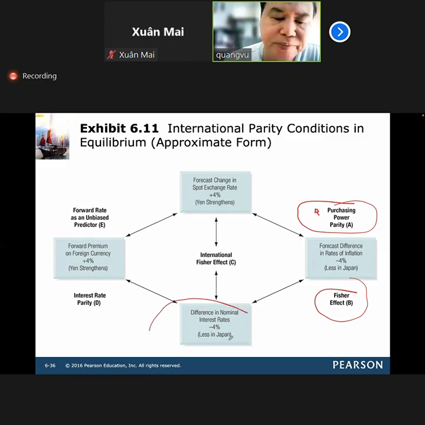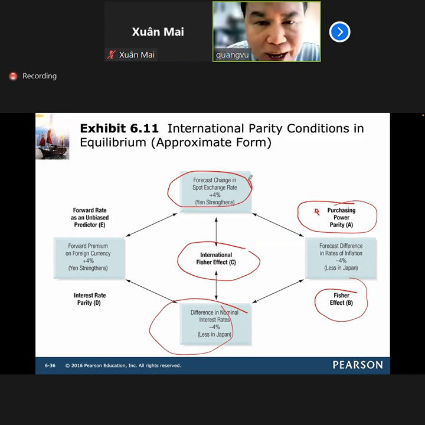And based on the difference in nominal interest rate you expect between Vietnam and the United States, according to the international Fisher effect, you can predict the future spot rate between the Vietnam dong and the US dollar.